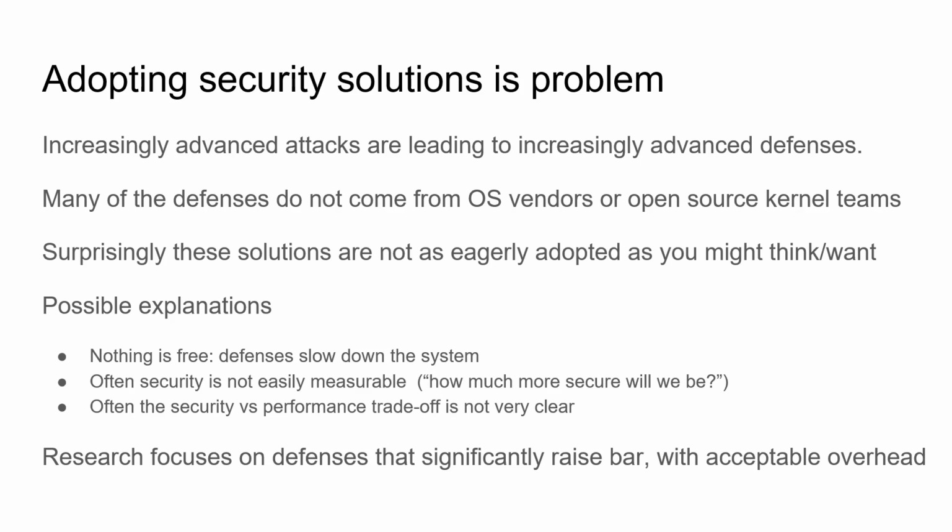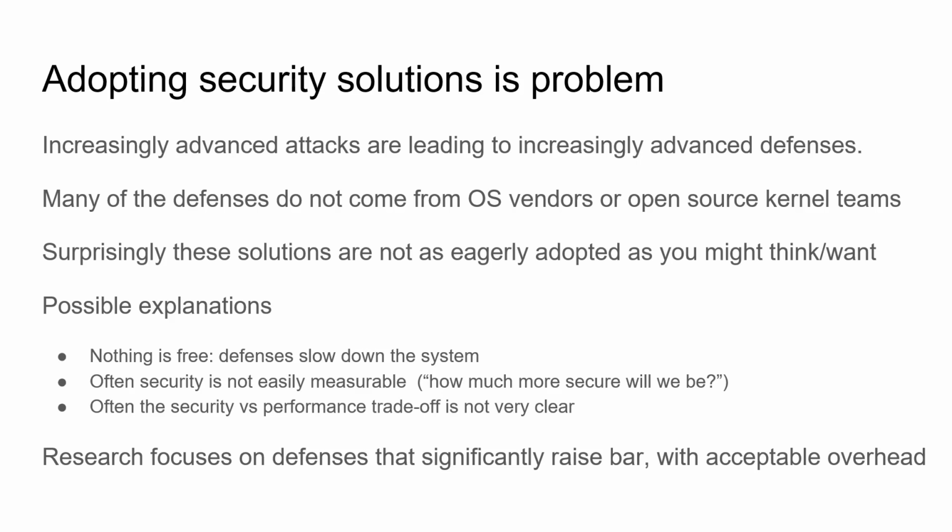So what we should do in research is focus on the defenses that significantly raise the bar for the attackers, make it really more difficult to compromise the system without incurring too much overhead. It should still be acceptable. And what is acceptable is not always clear. It very much depends on who you ask.